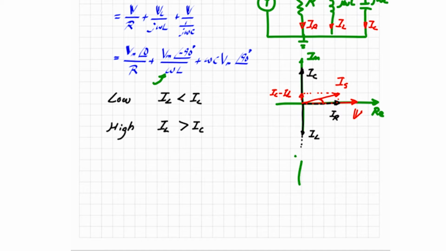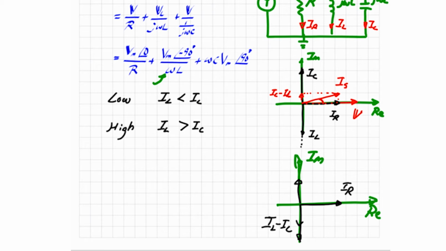So if we have another phasor diagram, the IL is larger, and IC is smaller. And therefore, you can see the combination of the IL and IC would be in the opposite, in the negative direction here. So this is IL minus IC, where IR is still here.